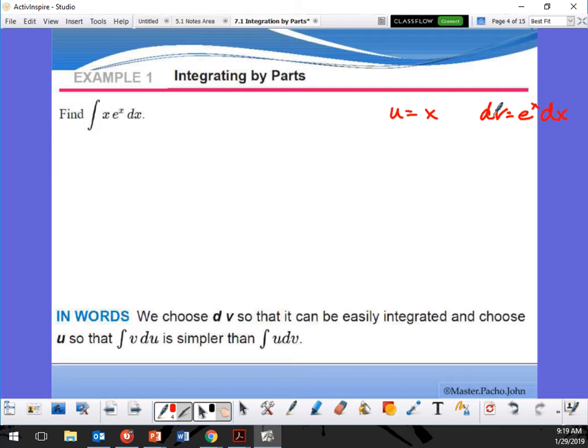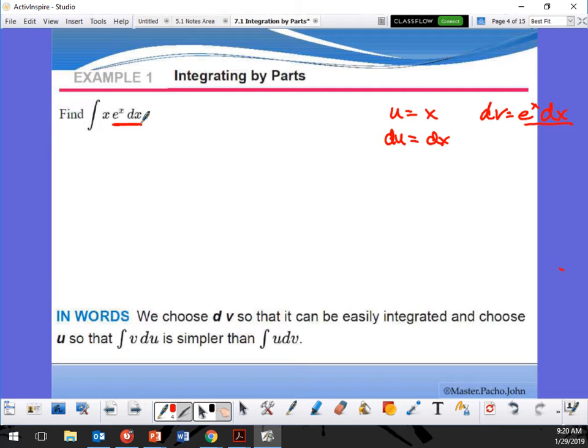So let's go ahead and get my du. To get my du, I would do what? So du is equal to dx, right? Okay, so we're taking the integration of the other part, because I have a dv, an e to the x dx that I'm taking care of.